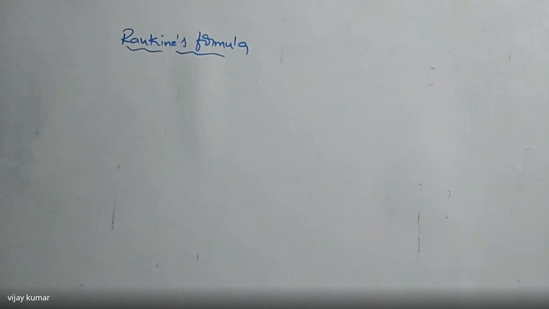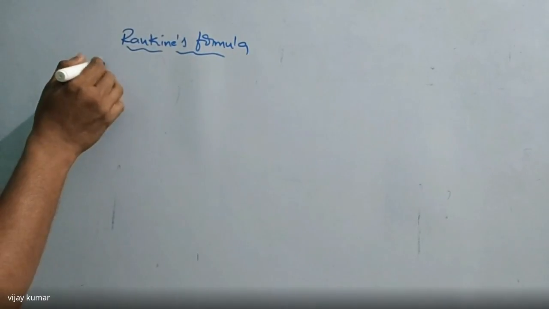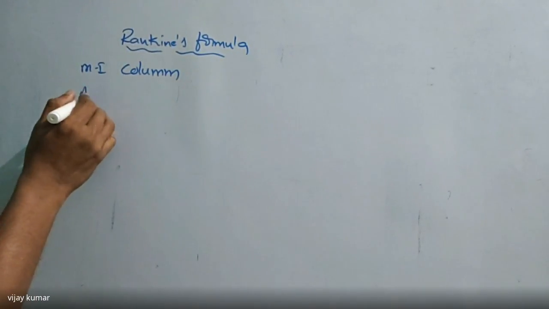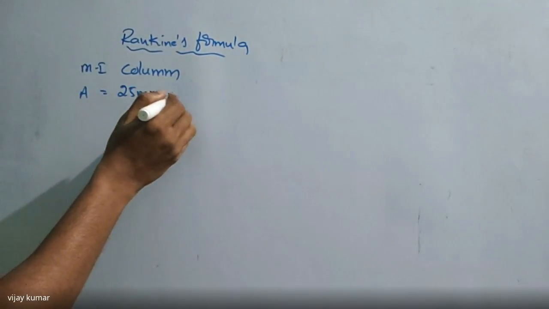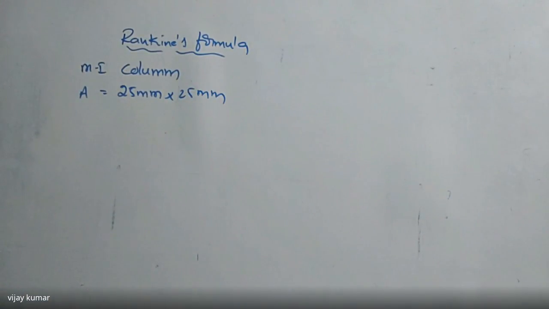A mild steel column is given, having a square cross section of 25 mm by 25 mm, which can be used as a compression member.